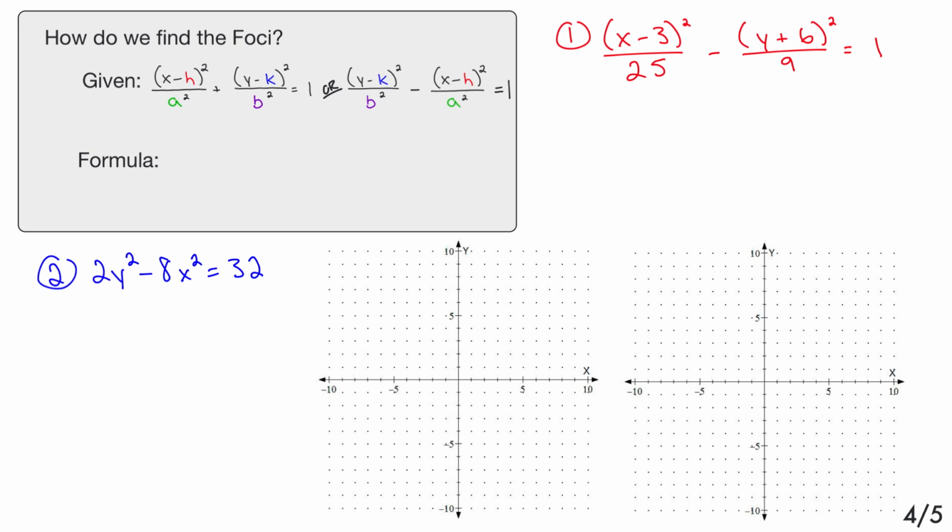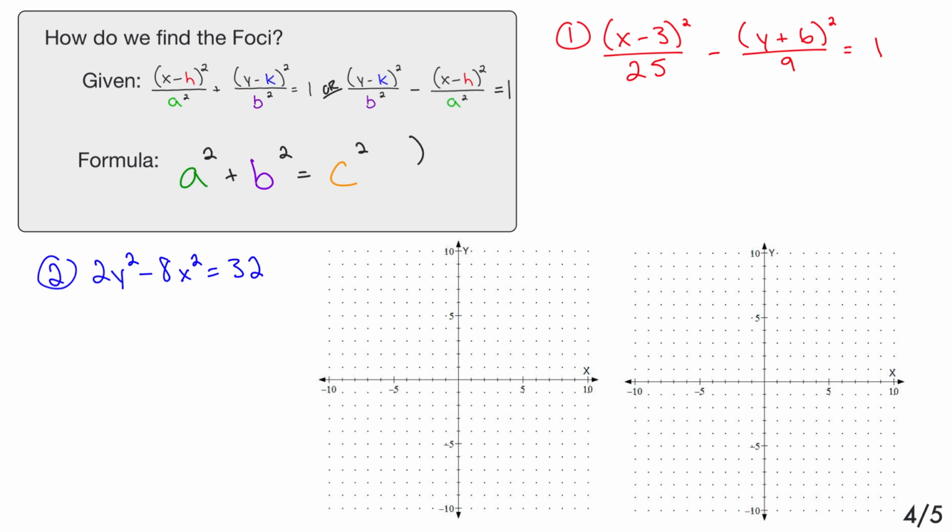the formula to find the focal length, or C value, is that the A value squared plus the B value squared is going to be equal to the focal length C squared. Again, C represents the distance from the center of the hyperbola to the focal point.